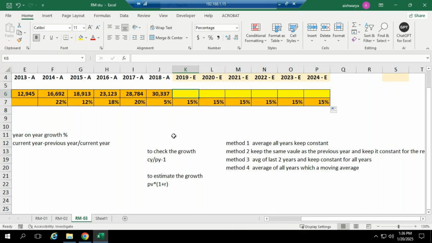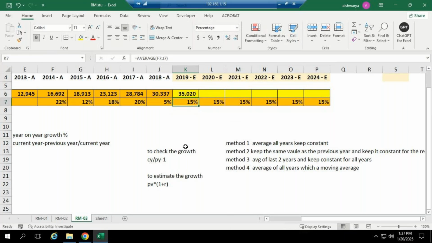So now is equal to this 30,337 into 15%, plus again this 30,337, and then press enter. 35,020.